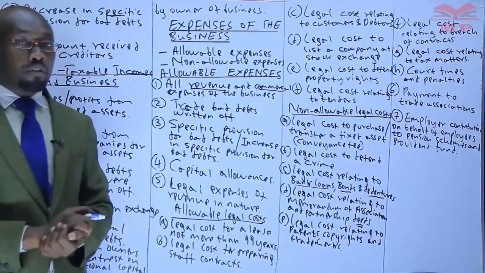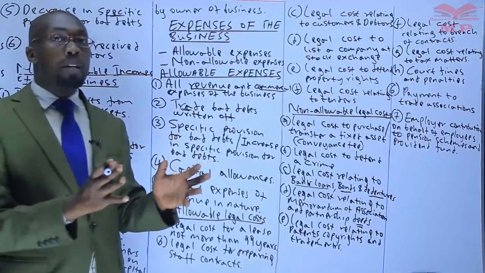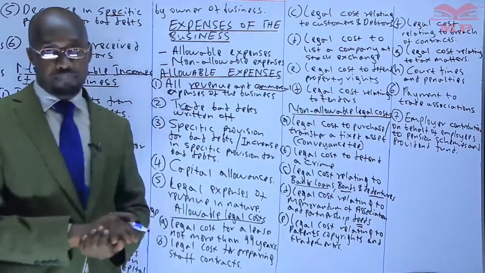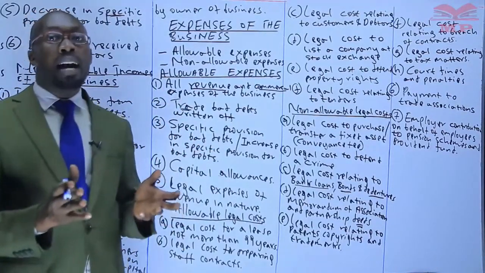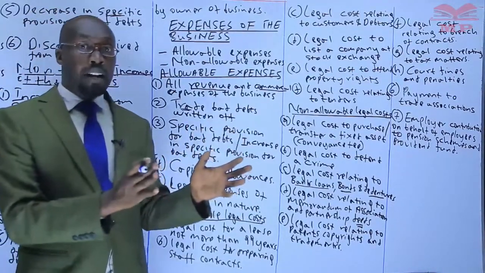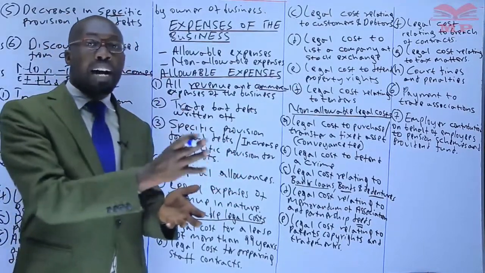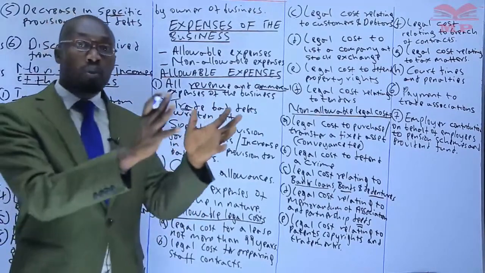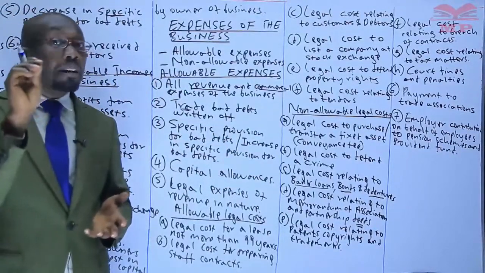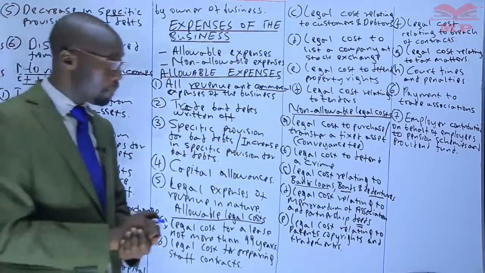A pension scheme or provident fund is where the employee and sometimes the employer make a saving for the retirement of an employee. A good example, in Kenya we have NSSF. When you contribute to NSSF, according to the law, the employer is also supposed to contribute a similar amount for you. But when they do that, at the time of their taxation, they will be allowed to deduct that amount against the taxable income. So that is an allowable expense.